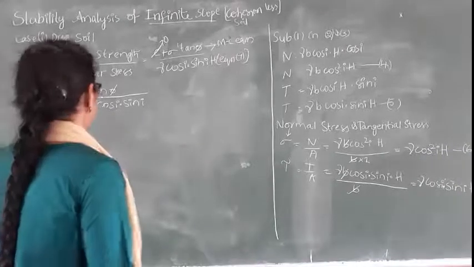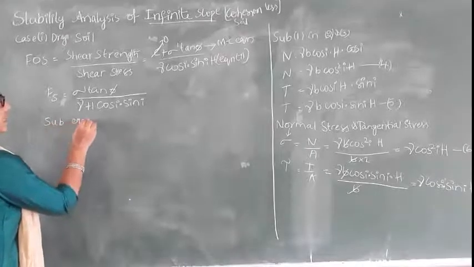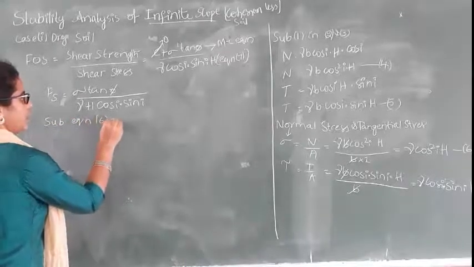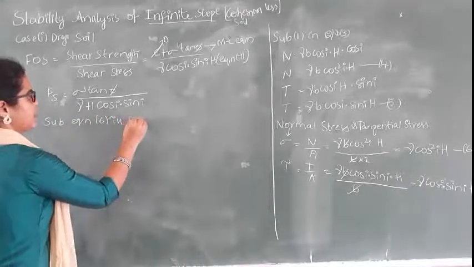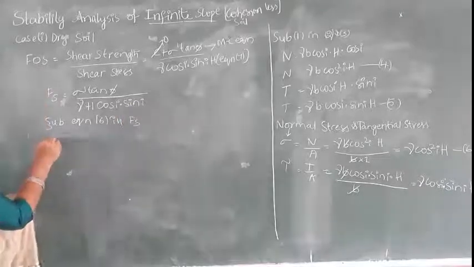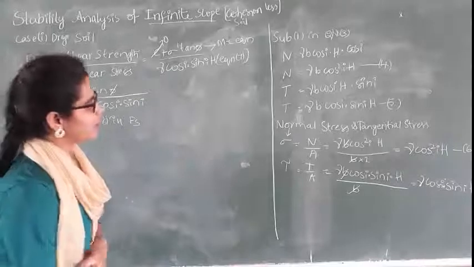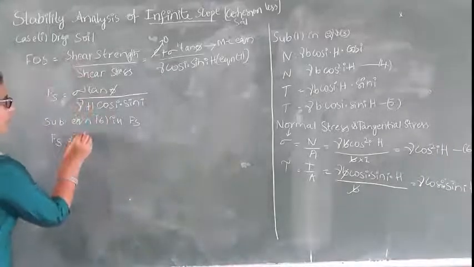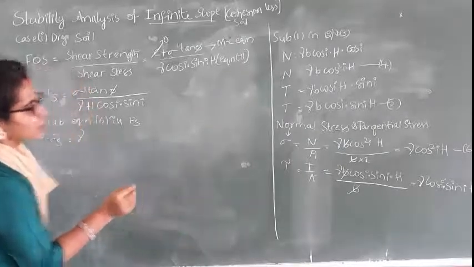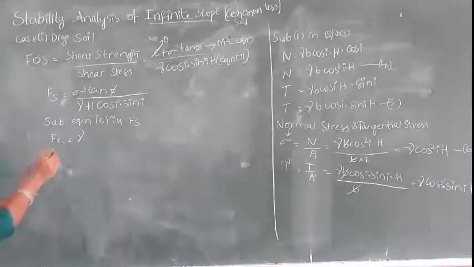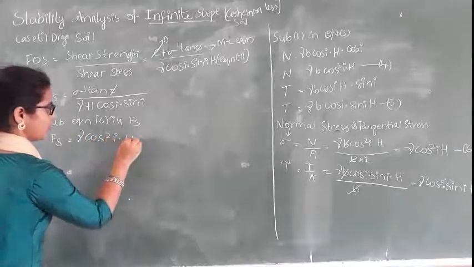Now students, substitute equation 6 in the above equation for Fs. Fs is equal to sigma dash is equal to what? Gamma into cos square i into H. Right?